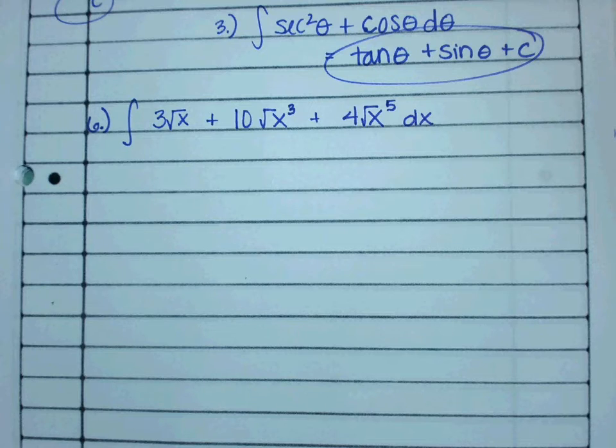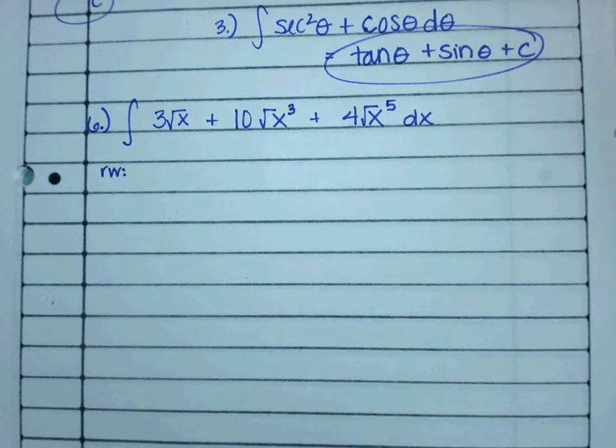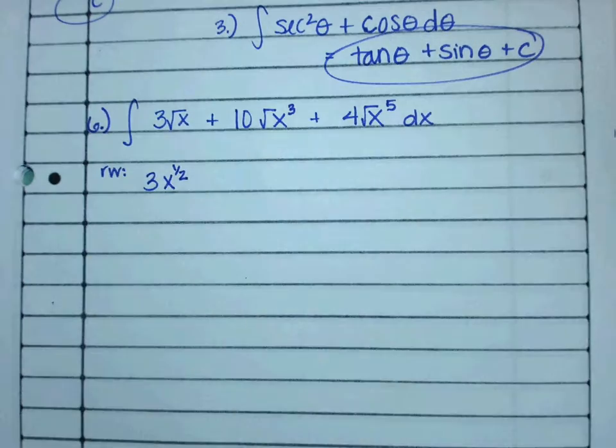The last other thing we have to talk about is just how to do square roots and cube roots. You've already seen it before, so it should take much less than 5 minutes. The first thing you would do is rewrite. How would I rewrite a cubic or a square root of x? That would be 3x to the 1/2.